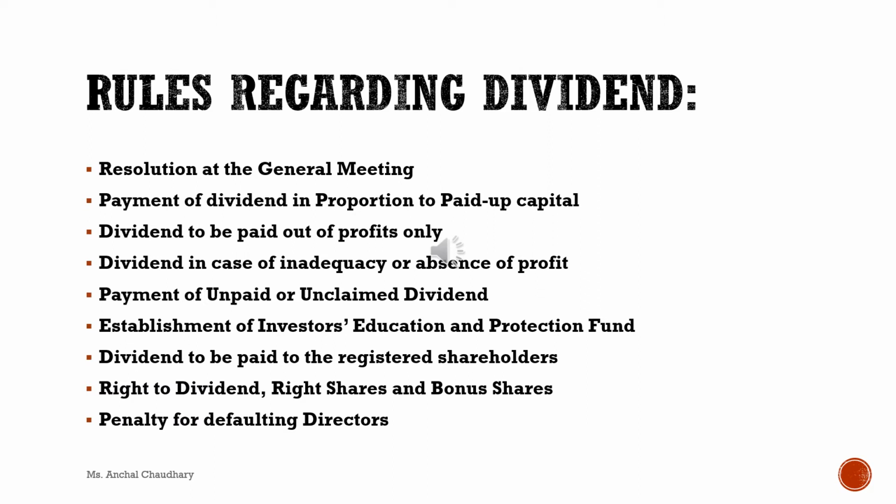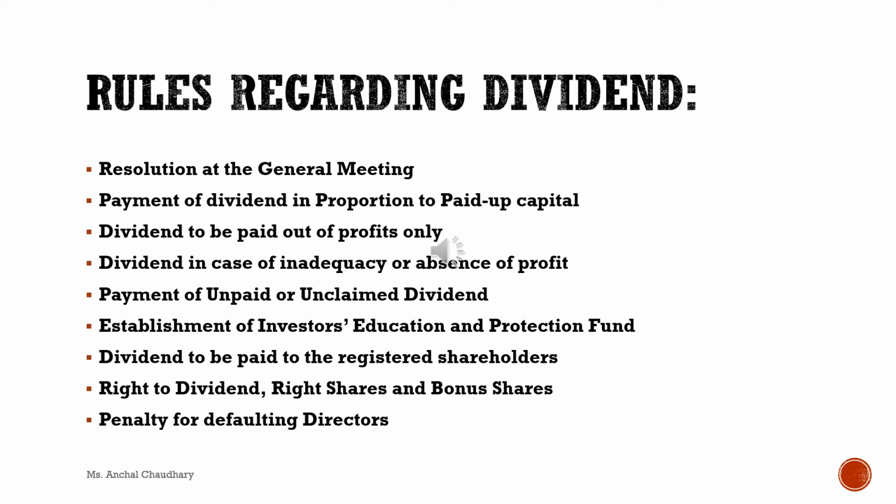According to this rule, the Board of Directors determines what portion of the net profit earned by the company is to be distributed to the shareholders and at what rate, and all of these decisions are to be made in the general meeting.